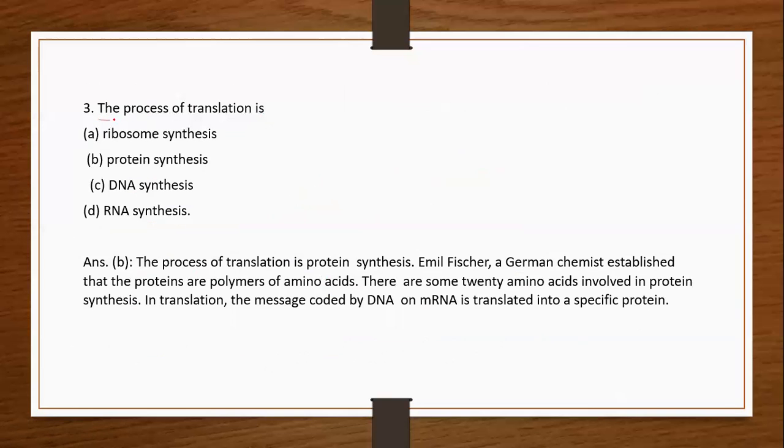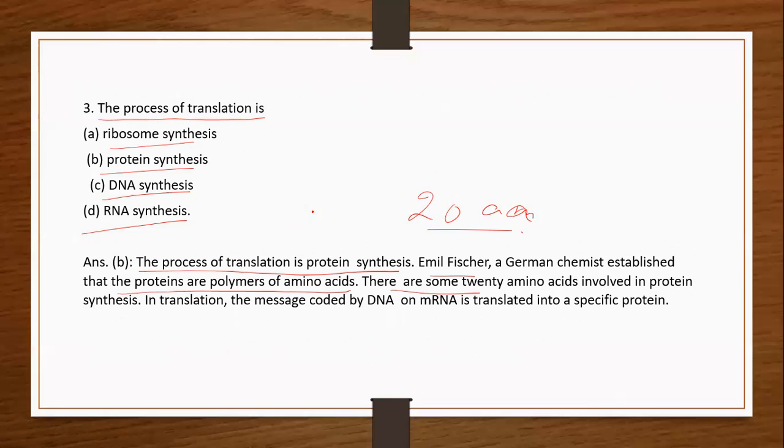Next question is, the process of translation is ribosome synthesis, protein synthesis, DNA synthesis, or RNA synthesis. Now we know that the process of translation is protein synthesis. Emil Fischer, a German chemist, established that proteins are the polymers of amino acids, and there are basically 20 amino acids.